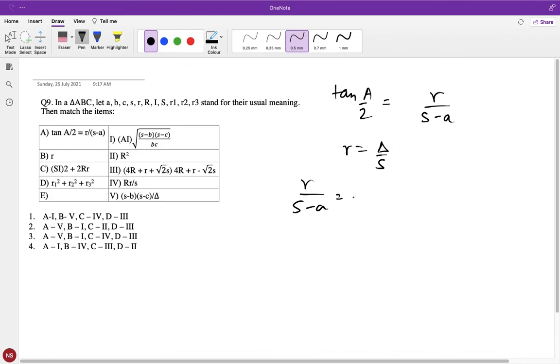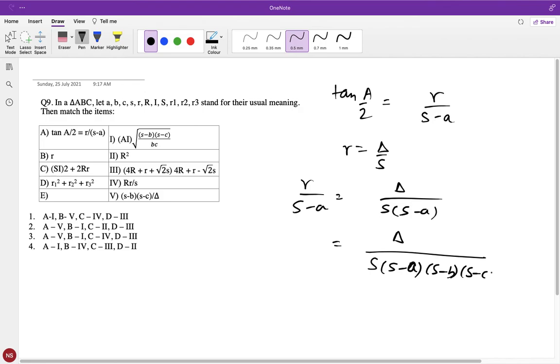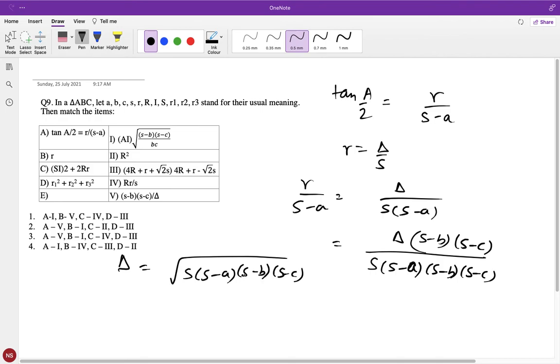So r by S minus A is delta by S into (S minus A). If I multiply numerator and denominator with (S minus B) into (S minus C), what do I get here? This is delta square, right? Because we know that delta is equal to square root of S into (S minus A) into (S minus B) into (S minus C). So if we remove the square root, this is delta square.